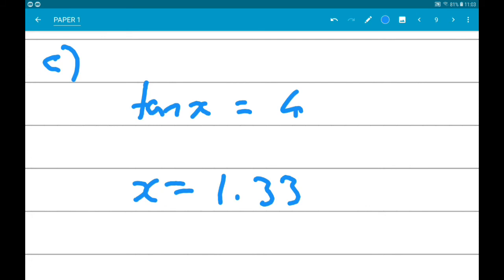Now that is the x-coordinate of the first stationary point. We want the second. So the period of time is pi, so we're going to add pi and to two decimal places that gives us 4.47.